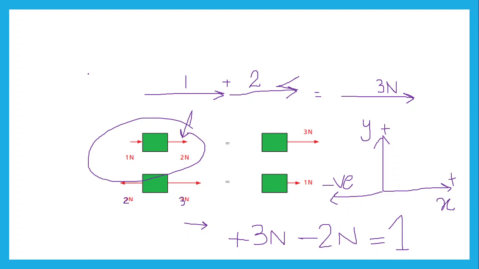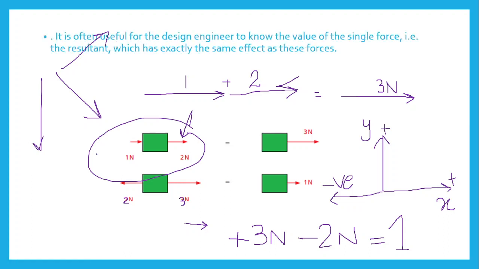However, later we will be looking into forces that will be in random directions. Let's just say like this, and like this. So we will have to look into these random forces and then account for their resultant. But for now, this is enough, and we will be moving forward.